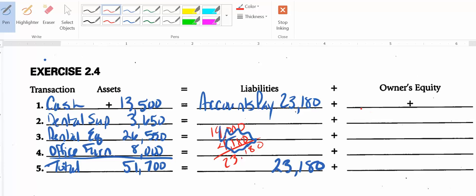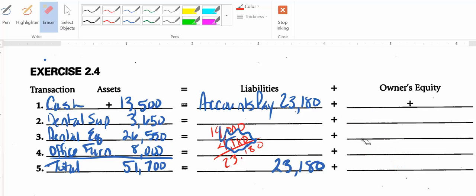We'll do that on the scratch pad here. So we take 51,700. We subtract 23,180. So we should get 28,520 for our total.